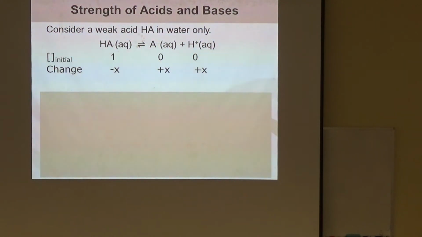Let's say X of the HA ionizes, then you will get plus X for the A minus and plus X for the H plus, and then you get an equilibrium. So at equilibrium, we have 1 minus X for the HA and X for the H plus.